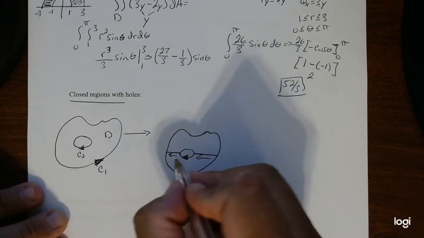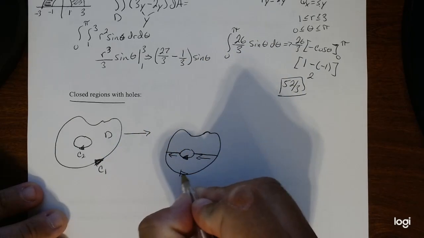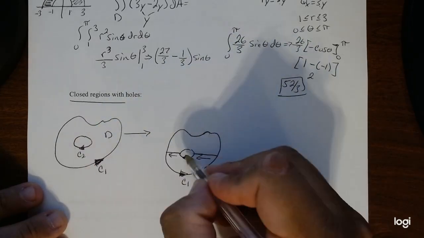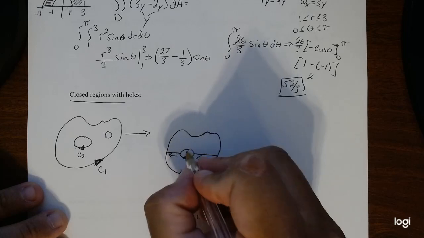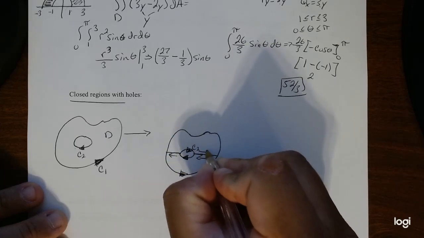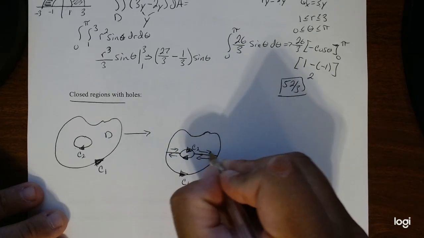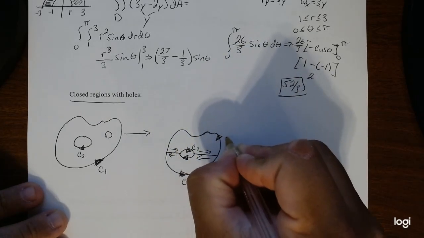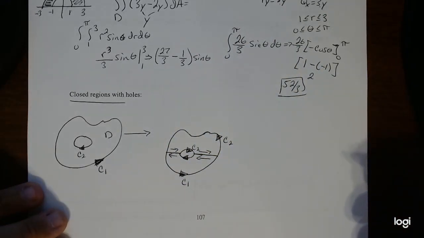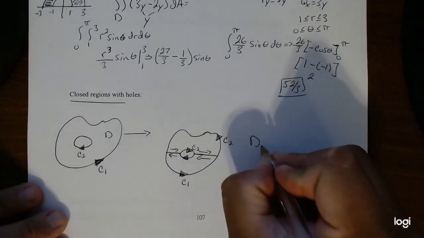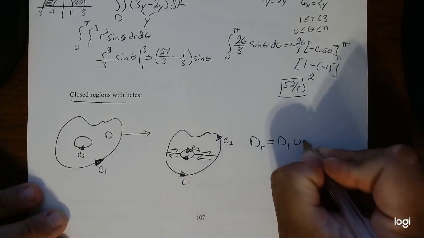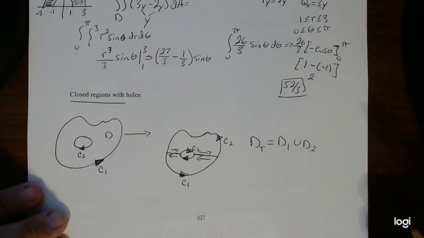This represents C1 still. And then going this direction, therefore we're going this way. This other curve C2 is going that way. Notice again the inners actually cancel. So therefore again, the entire region is still the union of both of them put together, which is what we just talked about above.